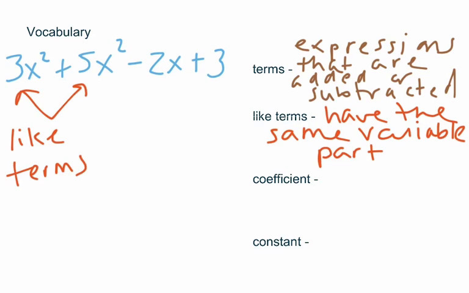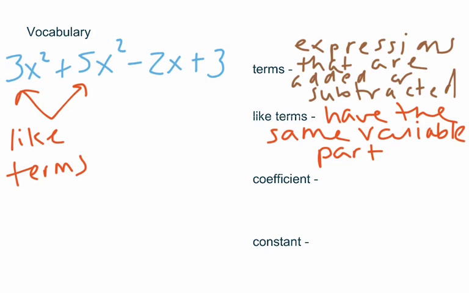Those are considered like terms because they have the same variable part. The 2x is not considered the same, and that's because of the squared. This has x squared, which is x times another x, and this one only has the one x. So you can't say, oh, well, they both have x's, they're like. No, they have to exactly match in terms of x's, y's, z's, w's, whatever you got, and how many of them you have.